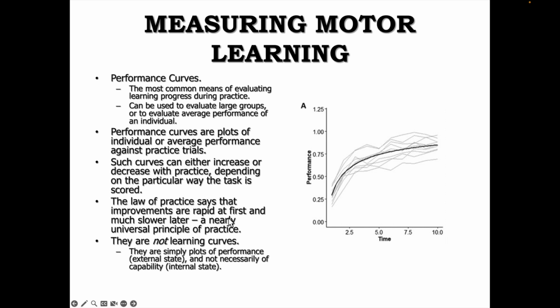Looking at this graph of performance, what it shows is that, due to the law of practice, improvements in performance will come rapidly at first and then much slower later on. Early on when we start to practice something, performance will increase quite dramatically.